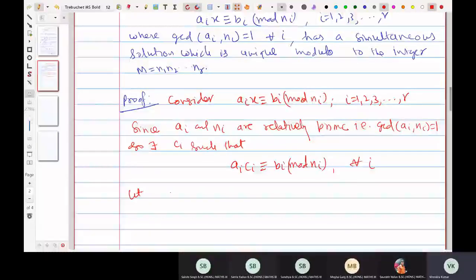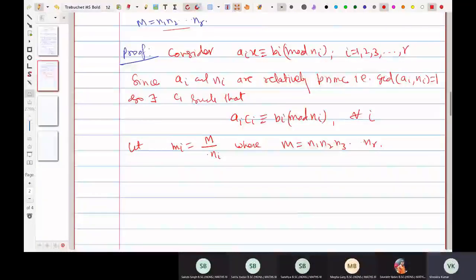So now let small m_i equal capital M divided by n_i, where you know that M was given as the product of the small n_i's. So this is n_1, n_2, n_3 up to n_r. So this m_i is equal to M divided by n_i.